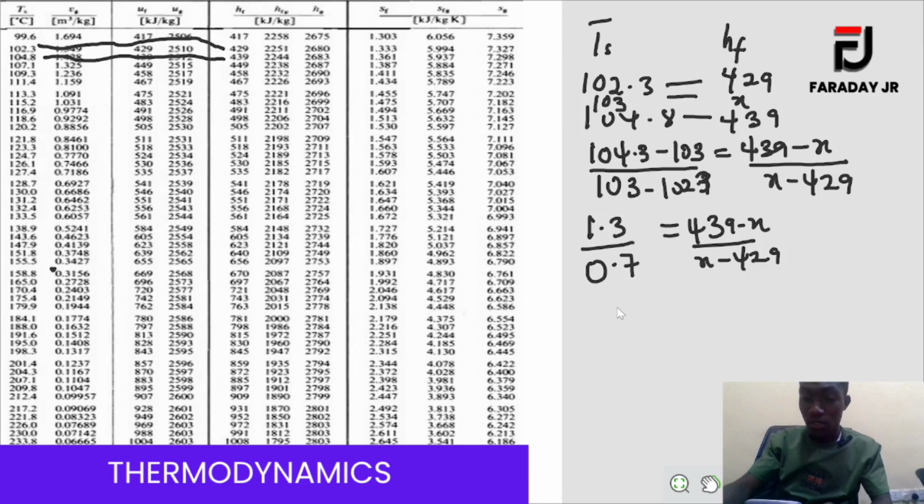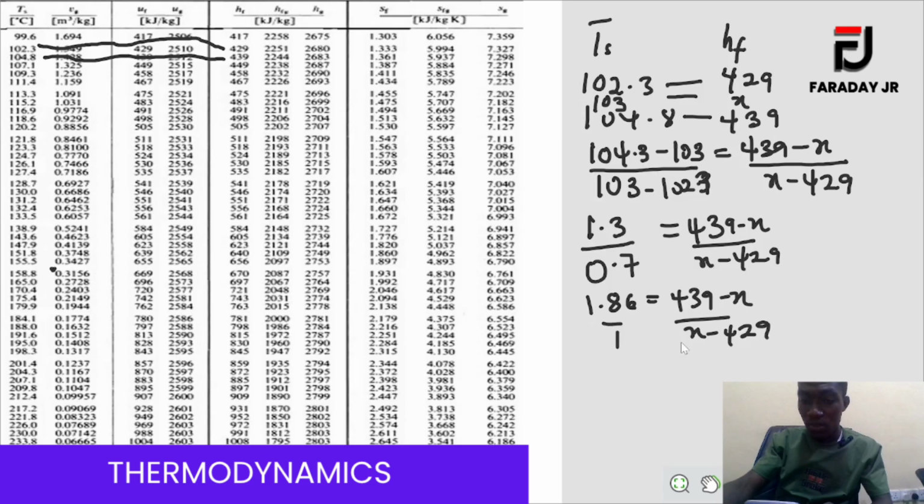So you're going to get 1.8, and let's make it two decimal places, so we have 1.86 here, which is equal to 439 minus x on x minus 429.